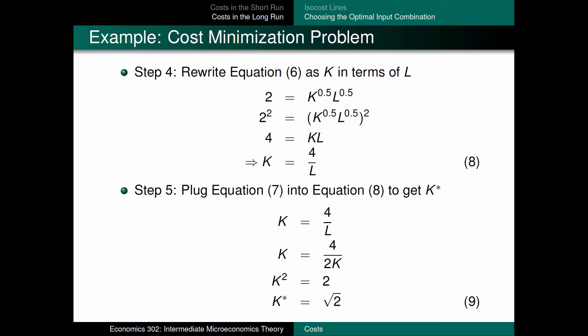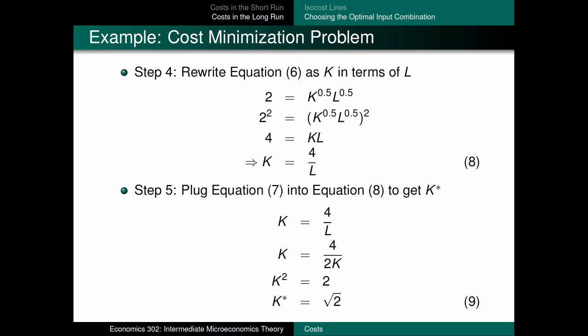Again, this was just saying that the target quantity amount, which was given to you as 2, is equal to the production function, which was given to us as k to the 1/2 times L to the 1/2 power. Notice that k to the 1/2 power times L to the 1/2 power is similar to square root k times square root L.